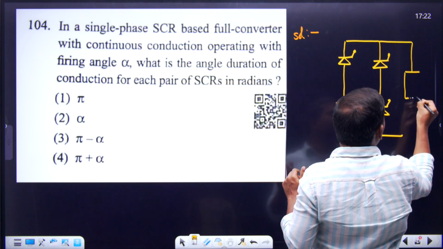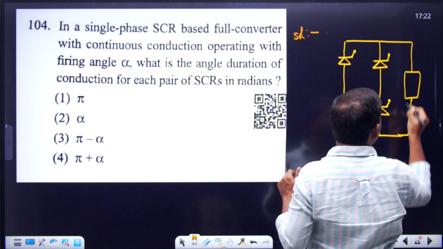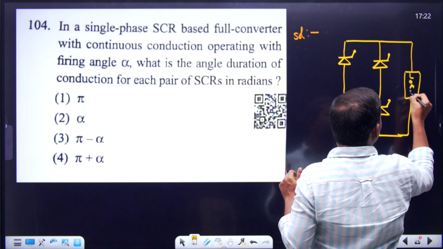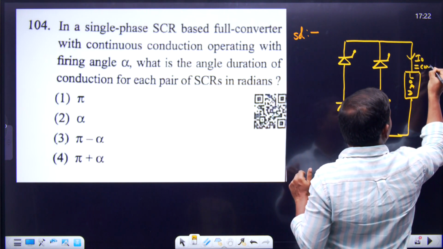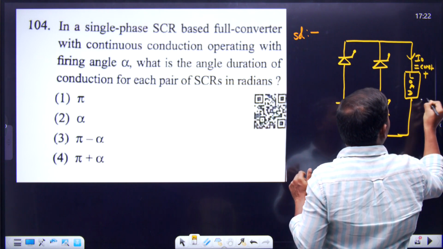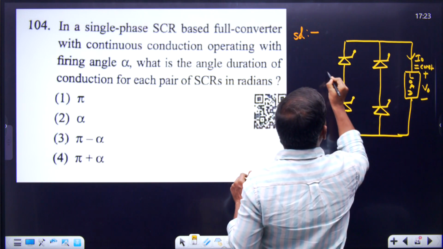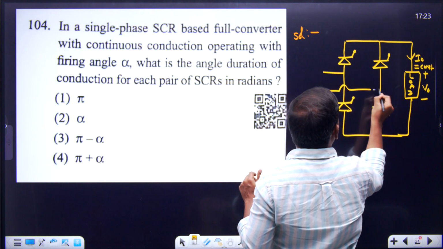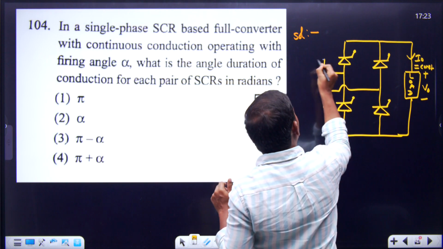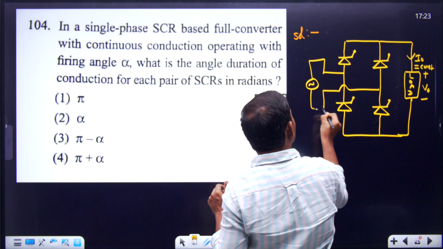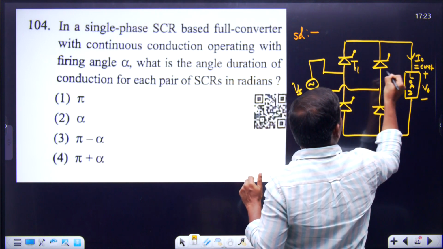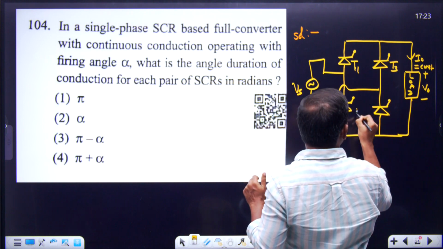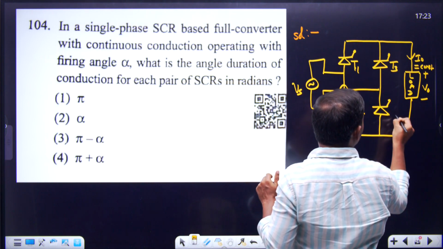Given that it's applying the constant current to the load, I0 remains constant, positive, negative V0. For this circuit, let this be T1 and this be T3, this is T4 and this is T2.